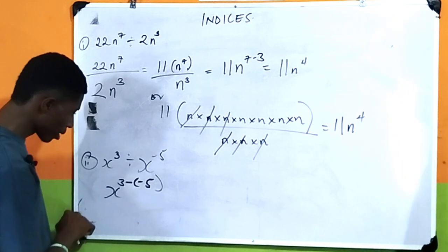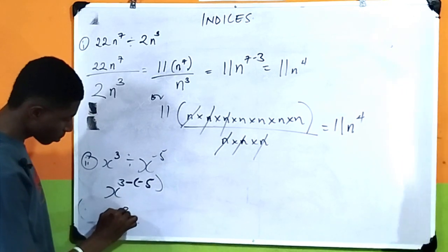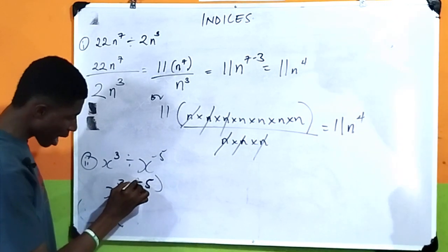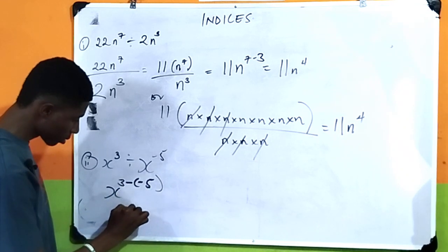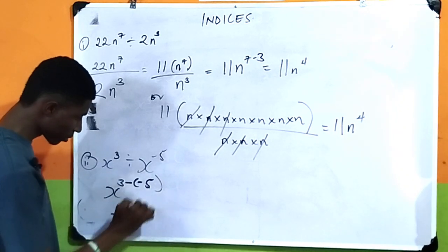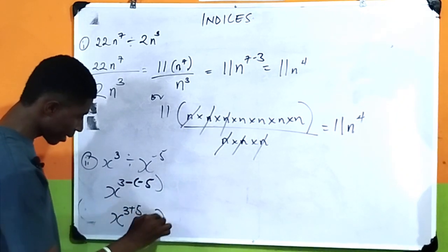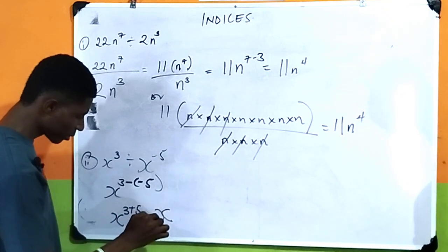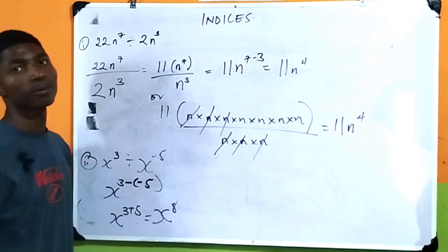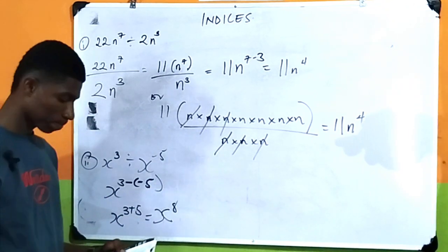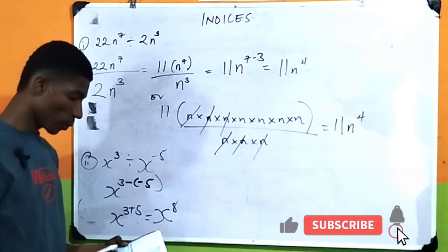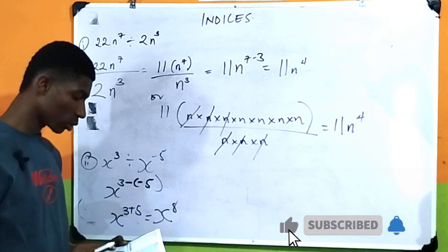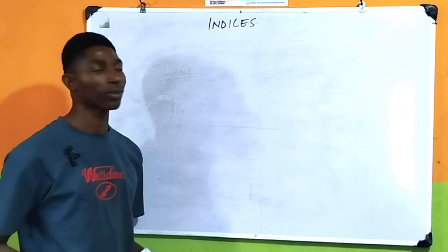Now minus times minus is plus, so I have x^(3+5), which is x^8. So we are through with the division law.